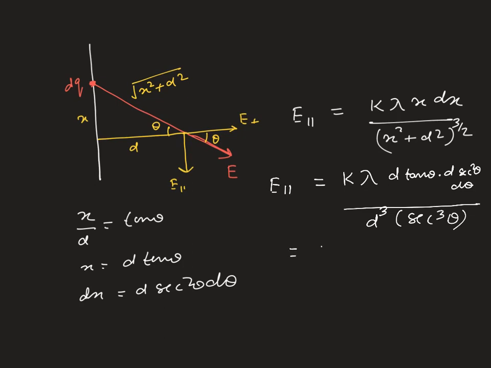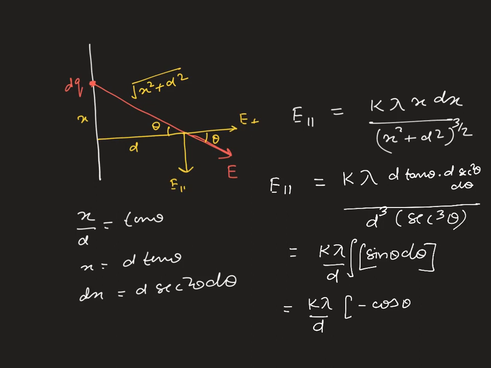Solving it, you will have k lambda by d sine theta d theta. And now you'll have to integrate it. What is the integration of sine theta? That will be k lambda by d into minus cos theta.